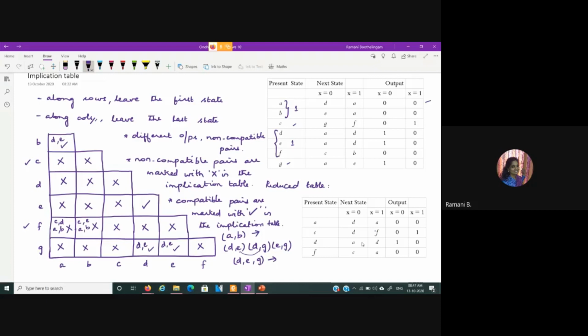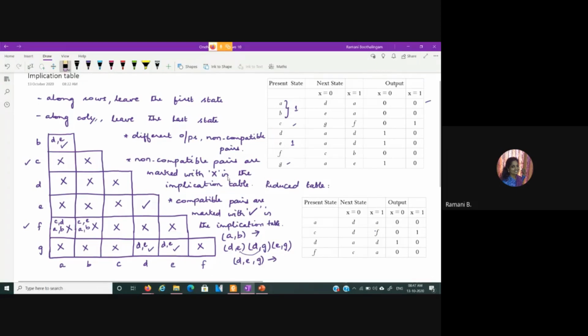So with A and B, we have written the value as D, A, and the outputs 0, 0. C is written as it is. However, this, did I make a mistake? Yes, I made a mistake here.